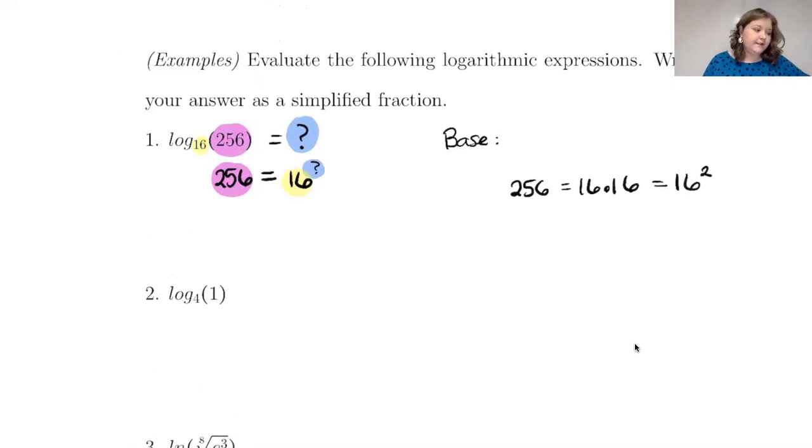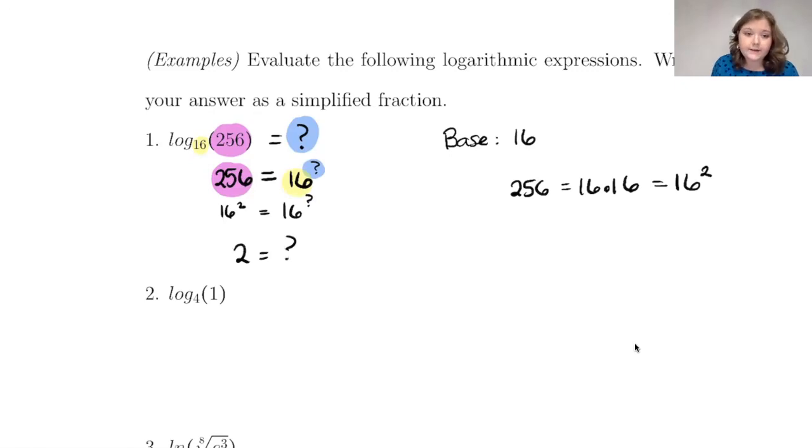So since 256 is 16 squared, and this side here is already written as 16 to a power, our base can be 16. So we'll rewrite this side as 16 squared, keep this side the same. And then since we have the same base, we can set the powers equal to each other.